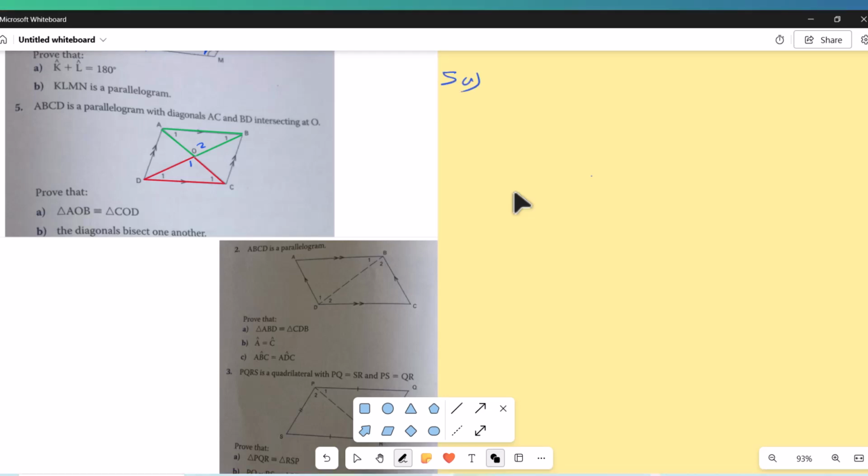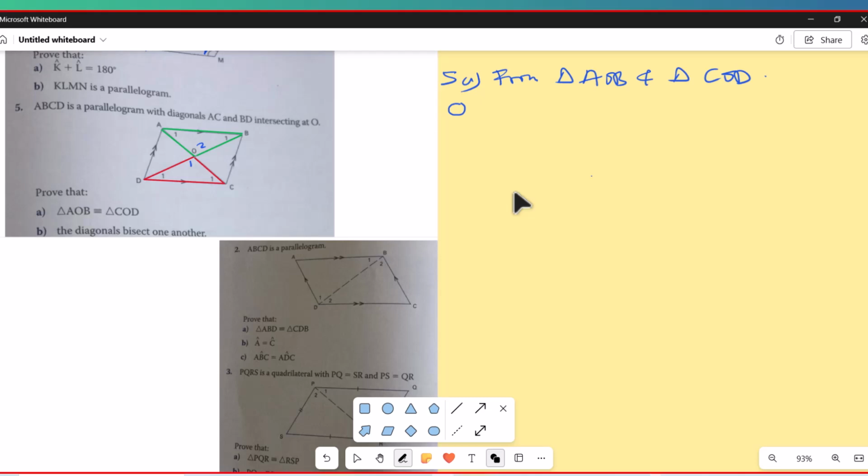We said triangles AOB and also triangle COD. Do you see any equal sides or any equal angles? O1 equals O2. Can you give us a reason here? Why do we say O1 equals O2?